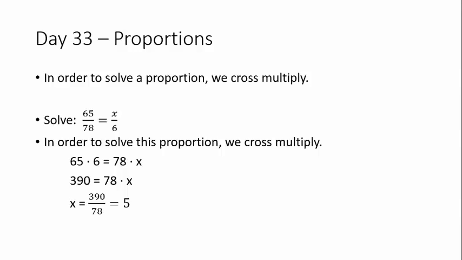We use our normal algebraic operations in order to solve this. 65 times 6 is 390. I will then divide 390 by 78 in order to find x. 390 divided by 78 is 5, so x is equal to 5.